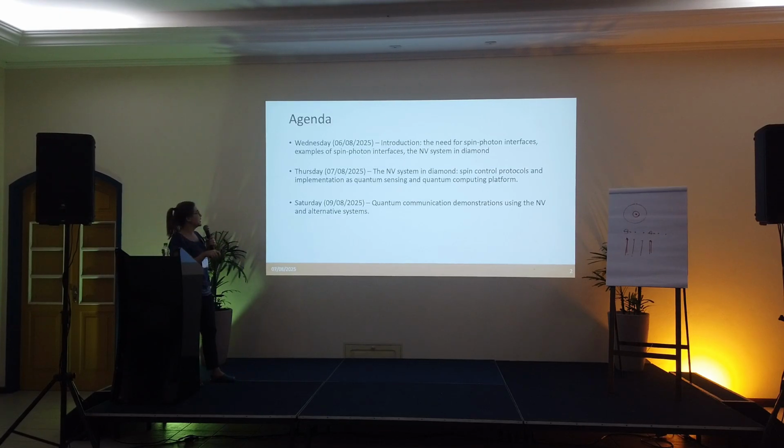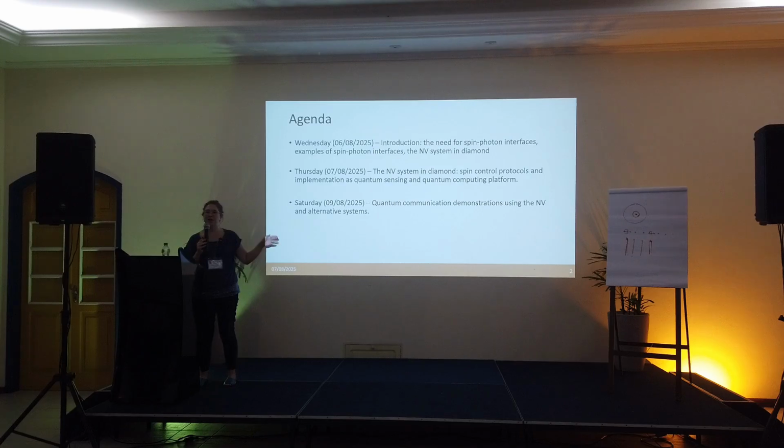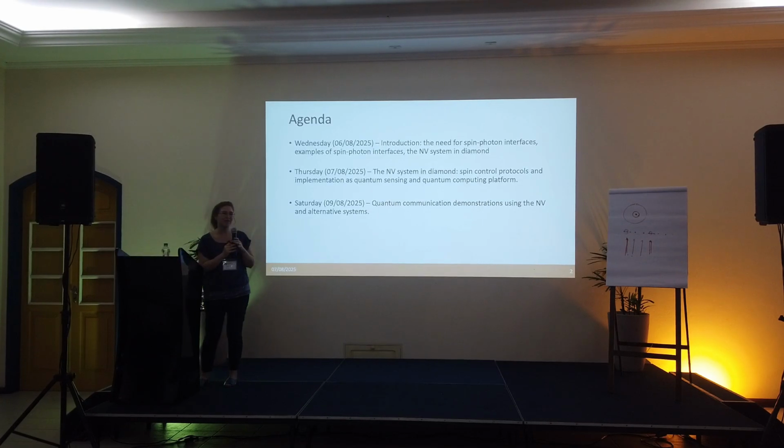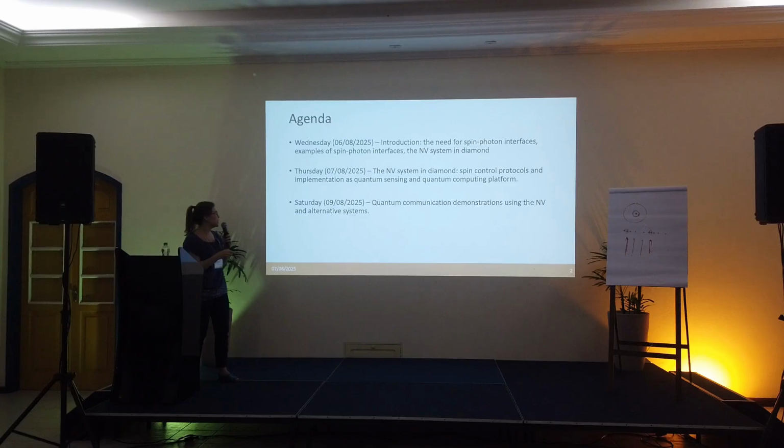What do we need for that? And then how can we use these protocols to implement these systems as quantum sensors and quantum computers? And again, all of the results that I'll present are performed by very competent people, but I'm not involved, so I'm very happy to introduce these works to you, but you're welcome to go and read more about them.